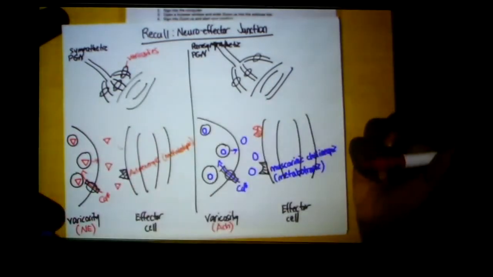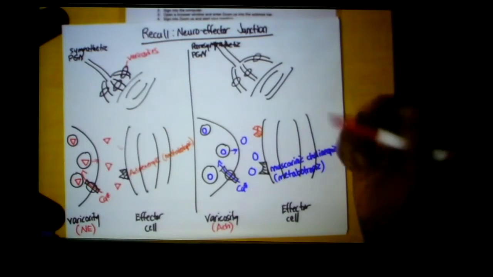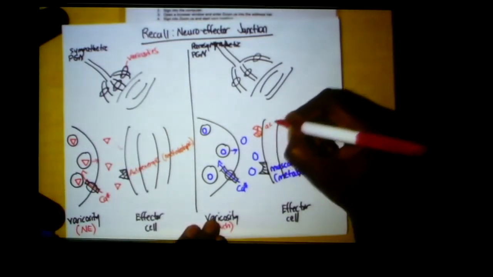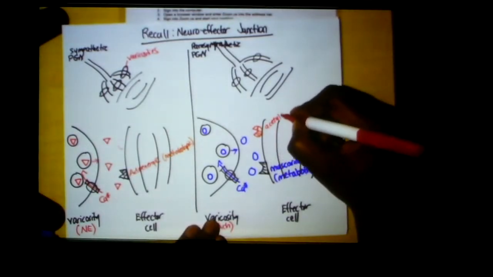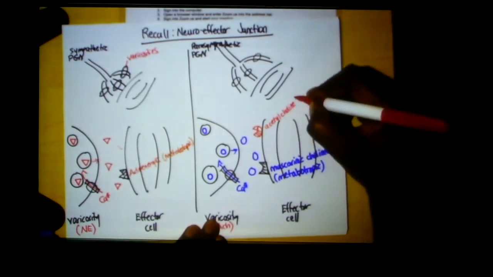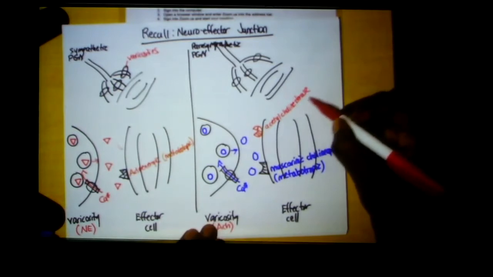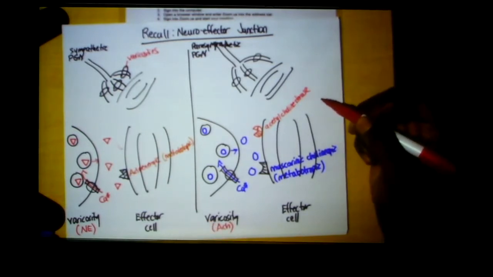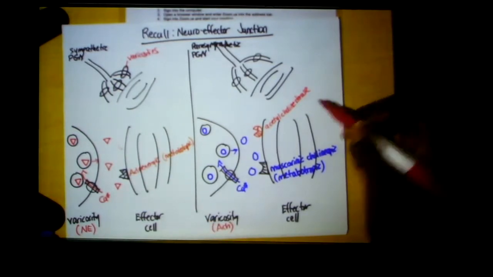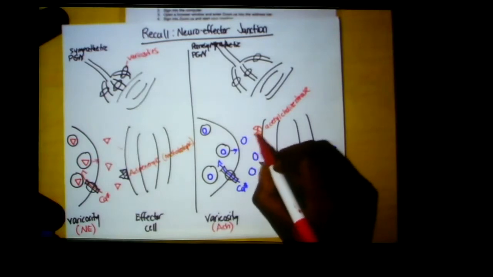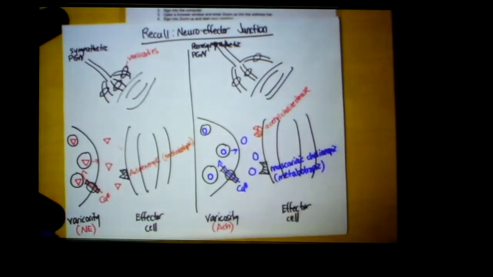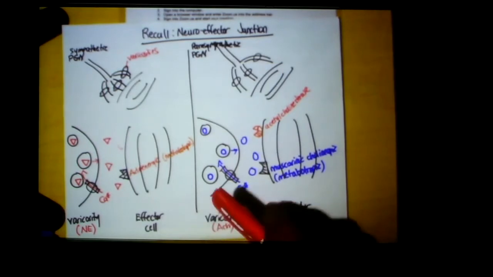We talked about it on Friday. So this is acetylcholinesterase. And remember I told you that the suffix -ase means that something is being cut or cleaved or chopped. And so this enzyme, acetylcholinesterase, breaks down excess neurotransmitter, but only on the parasympathetic side.